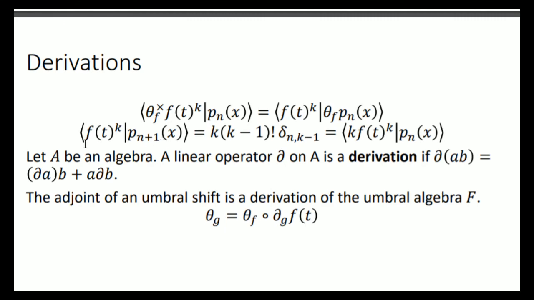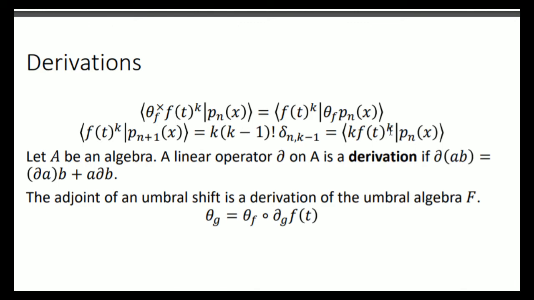Some other properties apply. Here the Umbral shift transforms to this through the properties mentioned earlier. Well, actually it's a definition, not a property. And when you apply this, you end up with a nice formula here, and that's just equivalent to k times f to the power of k.